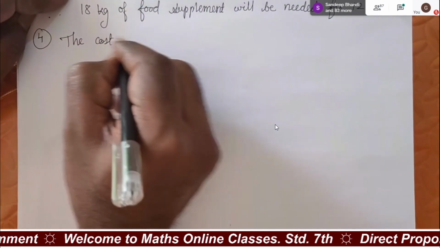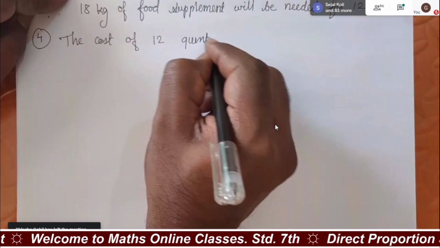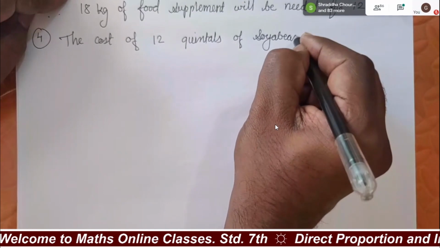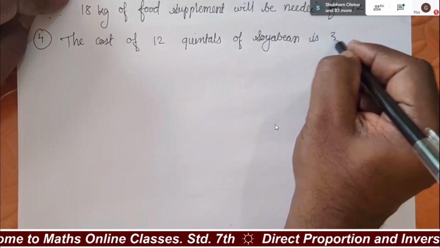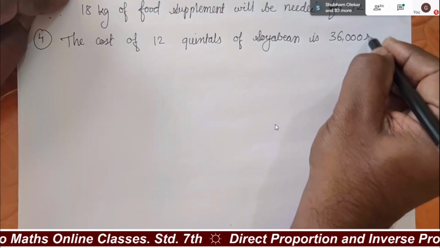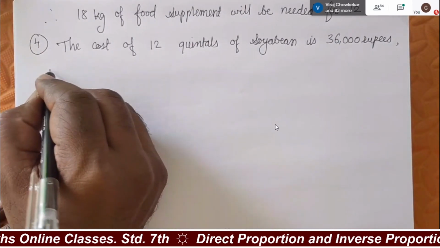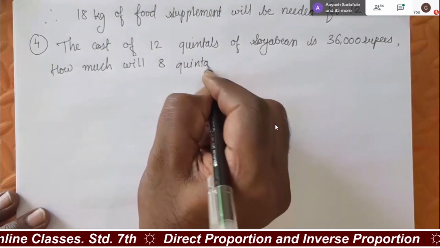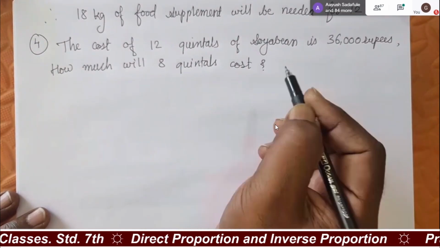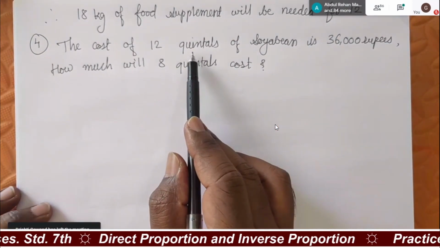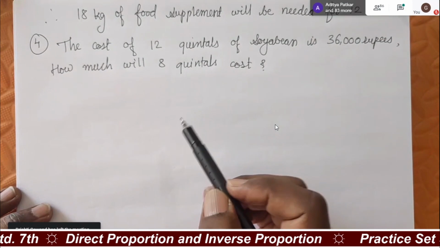The cost of 12 quintals of soybean is 36,000 rupees. How much will 8 quintals cost? First thing, you should know quintals. 1 quintal means how many kilograms?